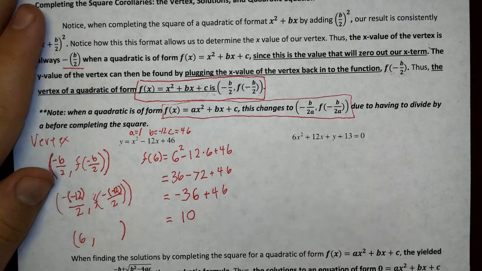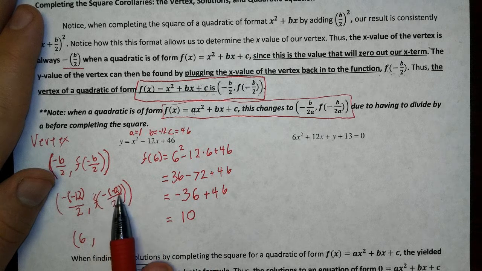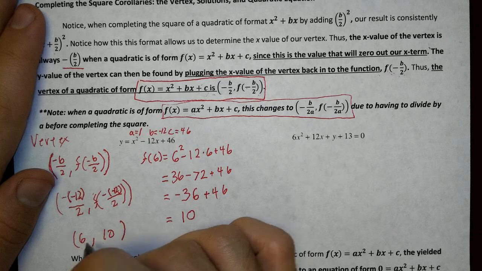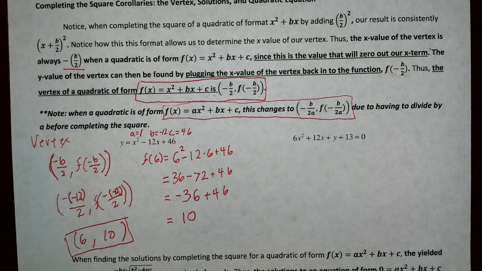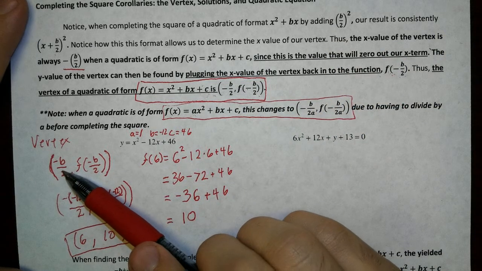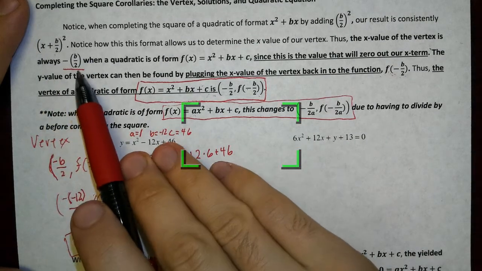And so that means f of 6, or f of negative 12 divided by 2, is going to be 10. So this is our vertex right here. Recap. What we did was we found the x value. We knew it must be this based on the pattern we recognized in our completing the square method.